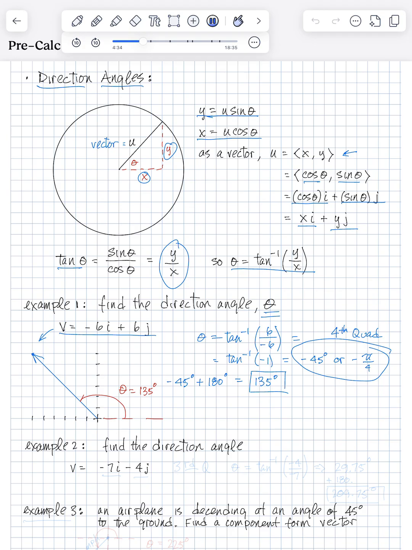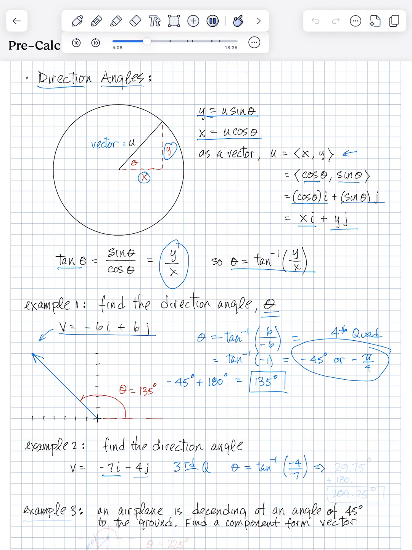Okay, let's look at the next example. Find the direction angle. It gives us the vector v is equal to negative 7i minus 4j. So we know that we're in the third quadrant. And if we just go ahead and put it into our equation, theta is equal to the arctangent of negative 4 over negative 7.